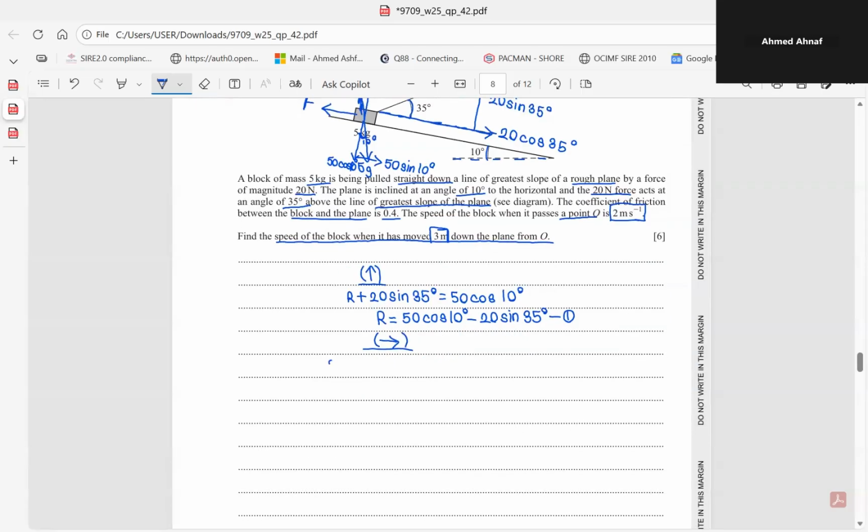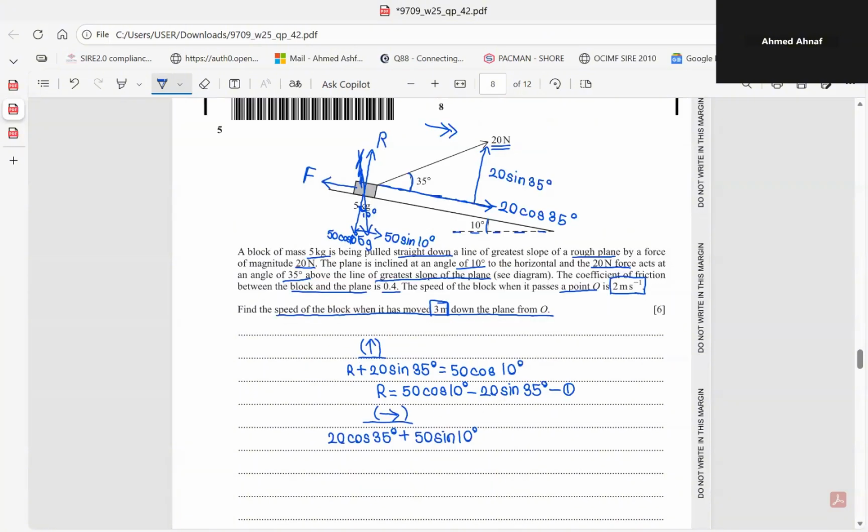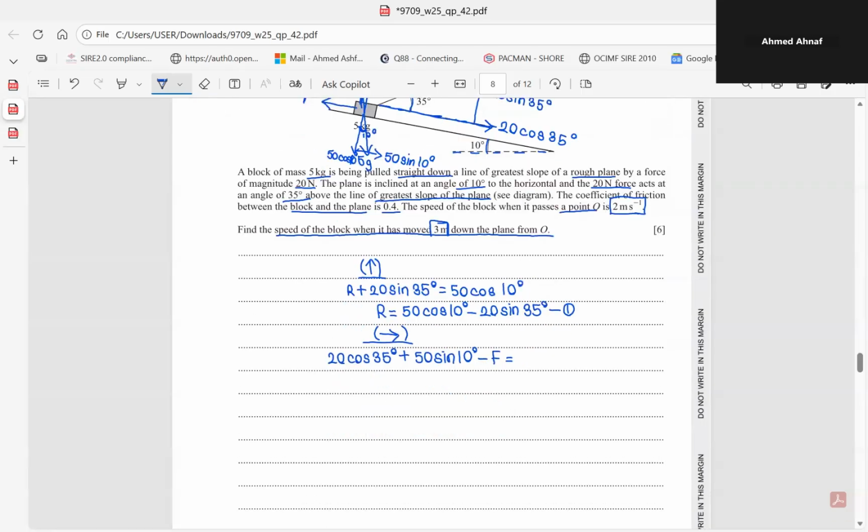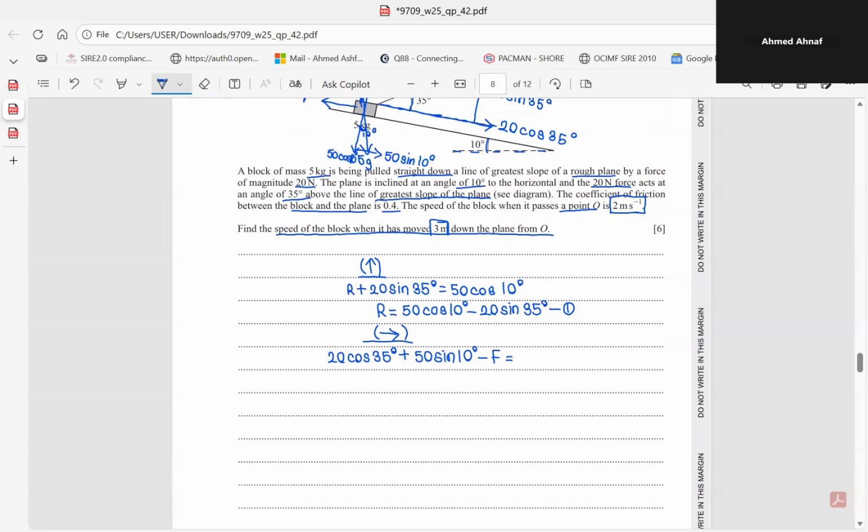Yeah, so this is 20 cosine 35 plus 50 sine 10 degrees minus F, and that would be equal to MA.